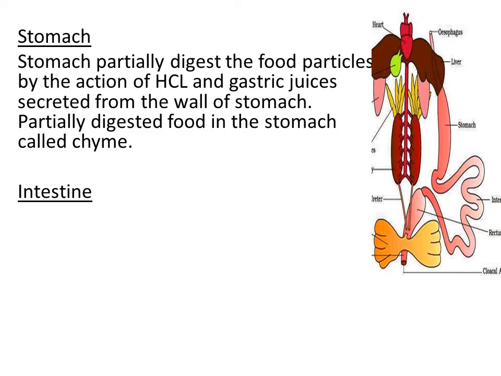And one more organ is present, that is called the pancreas. The pancreas secretes pancreatic juice, right? Pancreatic juice is very essential for the digestion of carbohydrate and protein. So these two secretions, that means the secretion of the liver and the secretion of the pancreas, should enter into the intestinal region. Then only the complete digestion of food takes place in the intestine.